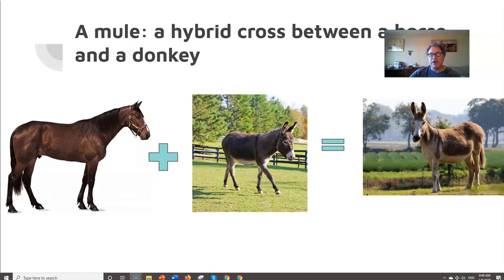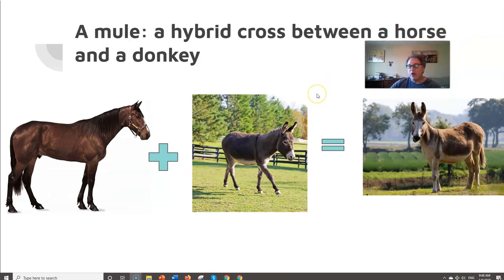And so, what is going on here? Why do I have horses, donkeys, and mules? Why do I have this in a chemistry class? Well, I'll tell you why. Because a mule is not a separate species. A mule is the result of a horse and a donkey mating and forming a hybrid cross, which has some of the features of a horse and some of the features of a donkey.